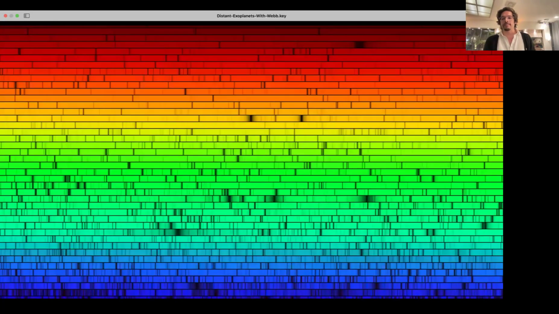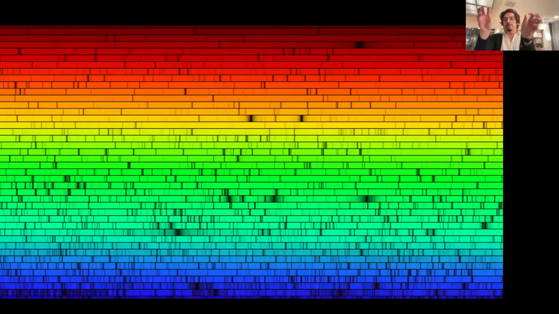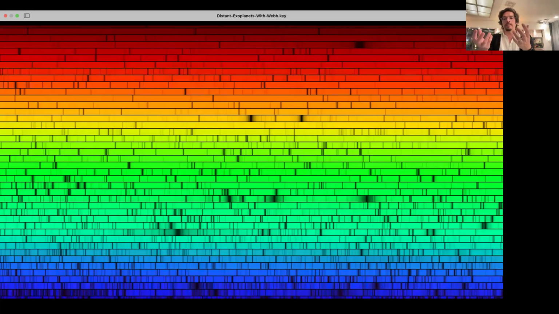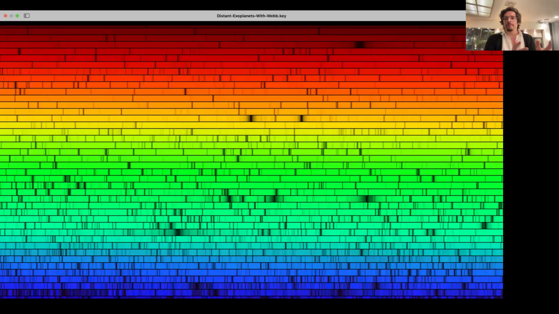What we do basically is that if you have a gas like an atmosphere and you filter some light through it, this atmosphere, depending on the composition, has its own barcode. Every molecule we know has its own diet. Water, for instance, loves to eat infrared light. Sodium loves to eat optical light, and so on. This is a spectrum that you're seeing here. It's a spectrum from the sun.